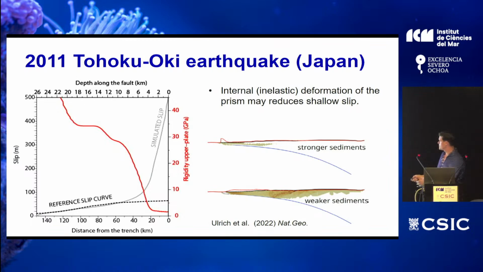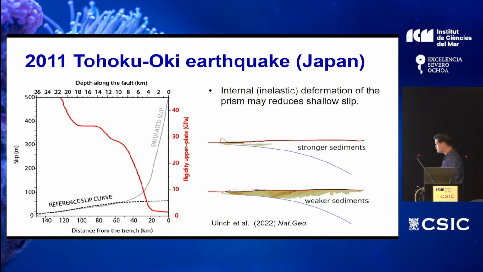And the uplift of the seafloor, which is a proxy for how much slip there is in the fault, actually peaks at the trench. So there's no widespread uplift in the upper plate, but just localized in this area, because here the slip peaks with unrealistic values.